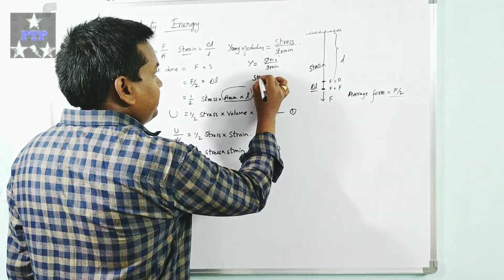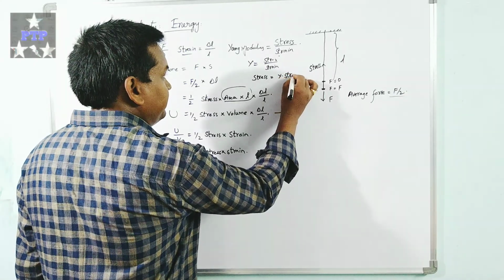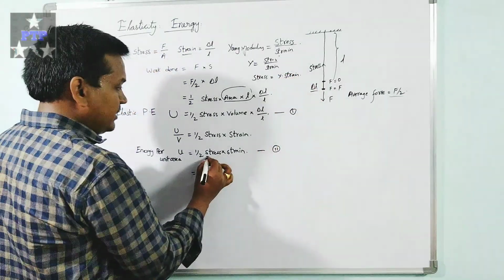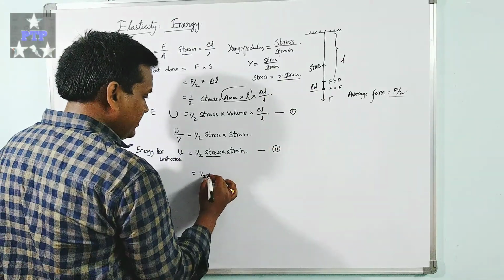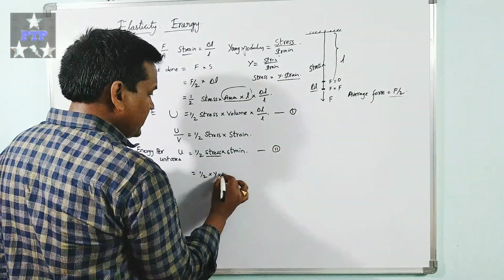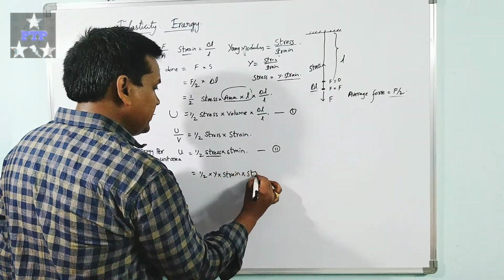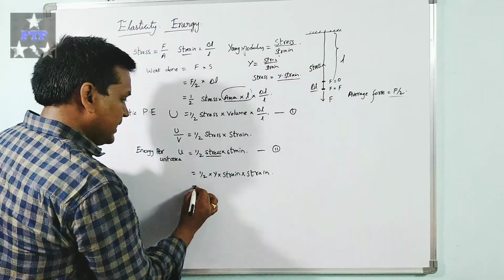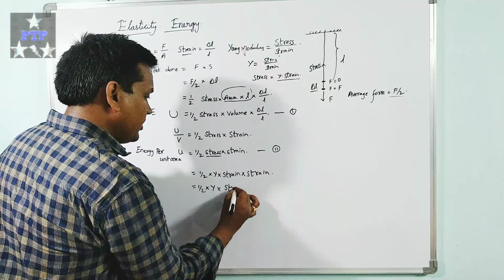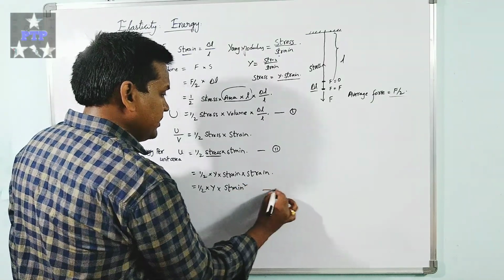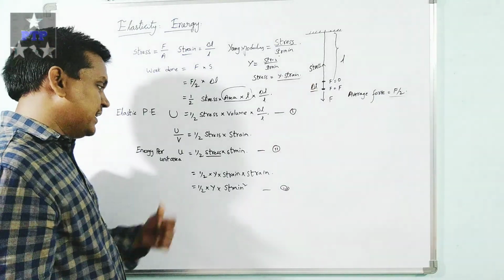If I want stress, it will be Y into strain. So this stress can be written as Young modulus into strain. So half into Y into strain, and already strain is there, so we'll get half into Y into strain square. This is one more formula for the energy per unit volume.